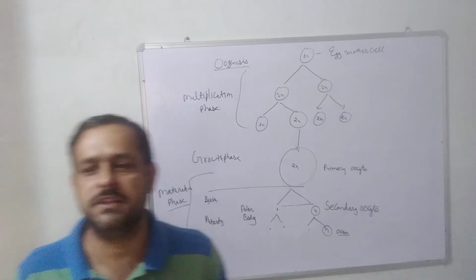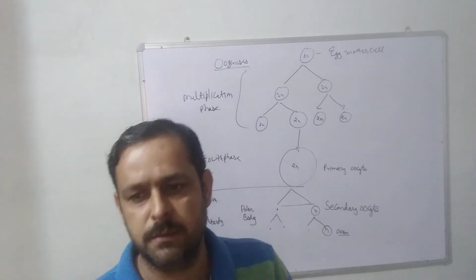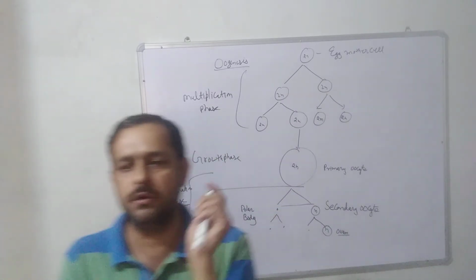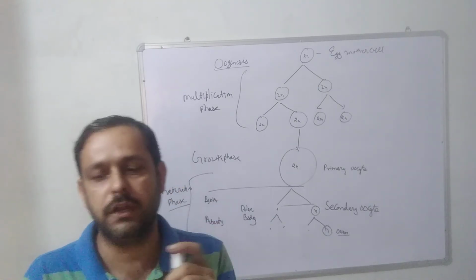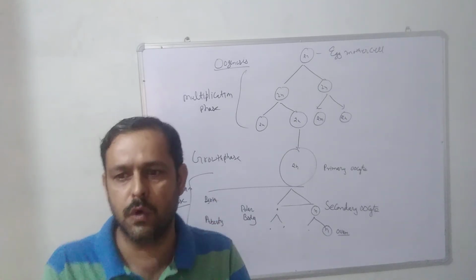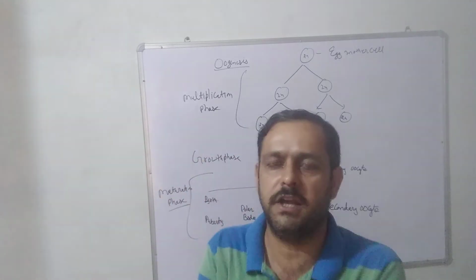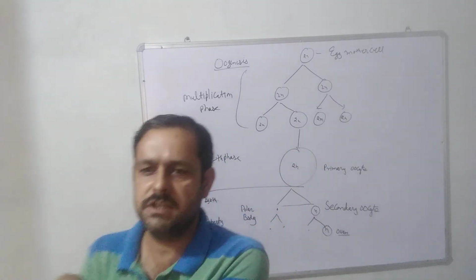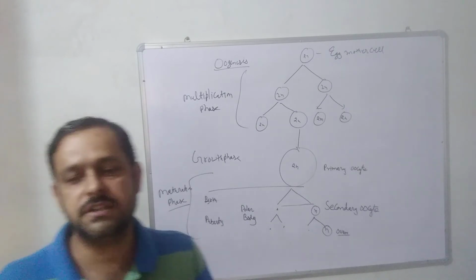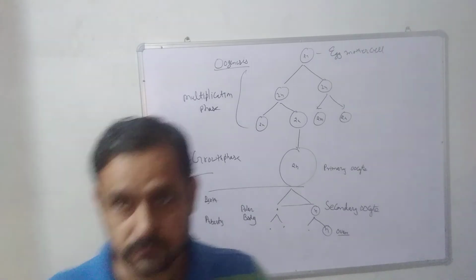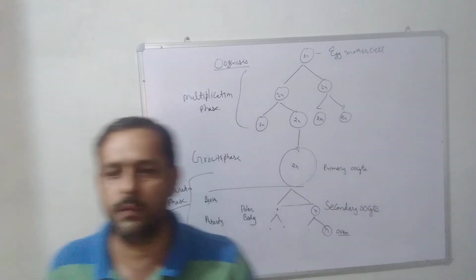First, in the multiplication phase, the primordial germ cell is transformed into egg mother cells by successive mitotic divisions, and oogonia are formed. One oogonium takes part in oogenesis and the rest of the oogonia change into nurse cells to provide nourishment to the egg cell or follicle cell.